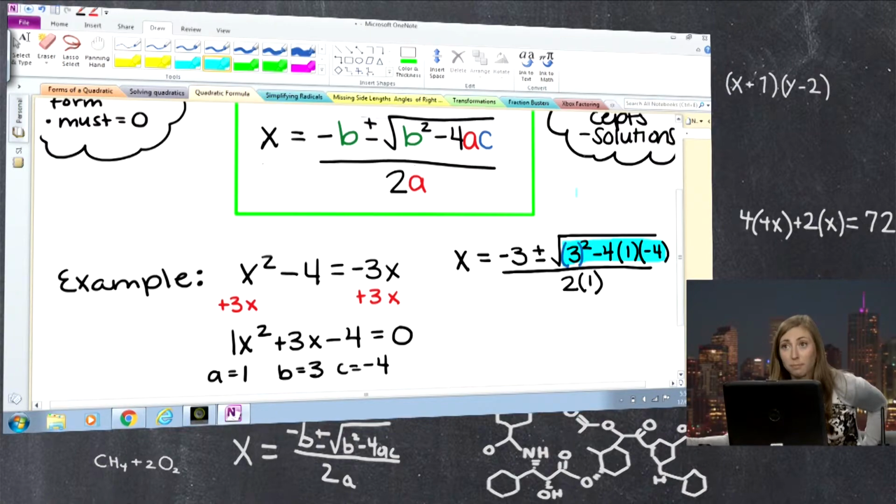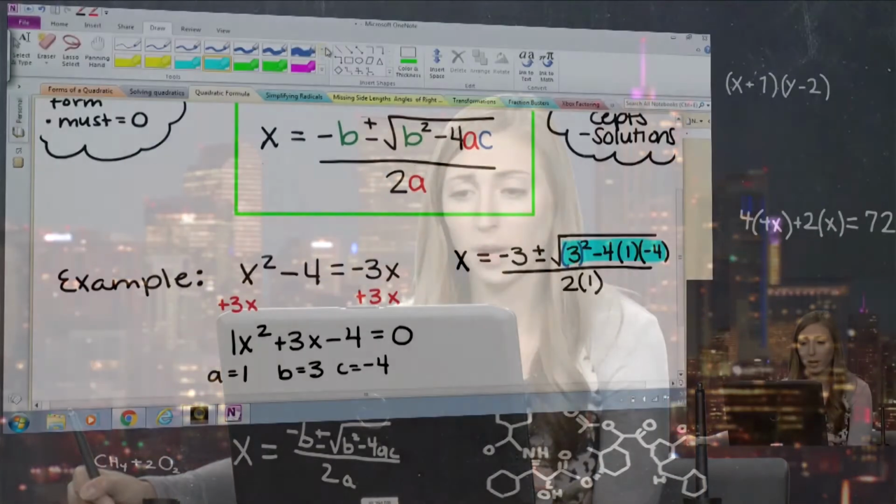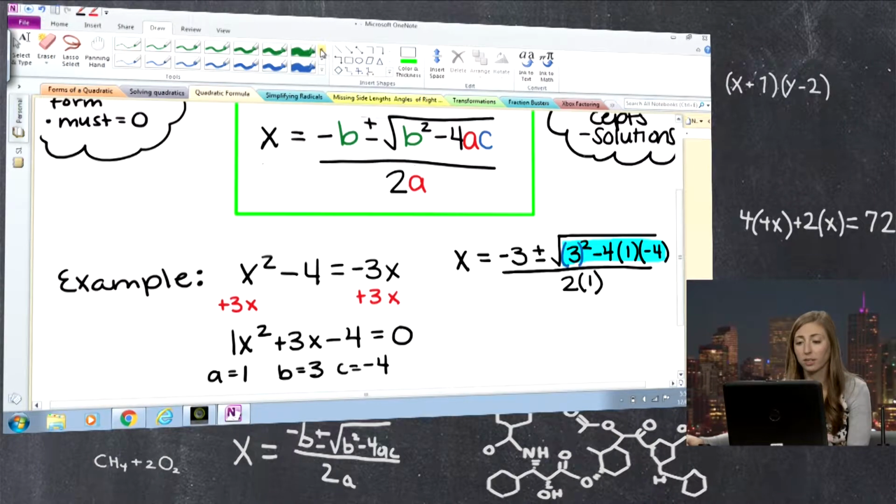So do this in parts. My suggestion is do everything under the square root first. So we would do our 3 squared minus the 4 times 1 times -4. And what we would end up getting is 25, I believe.